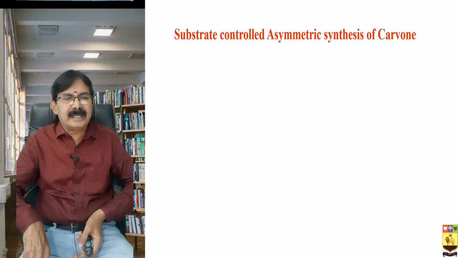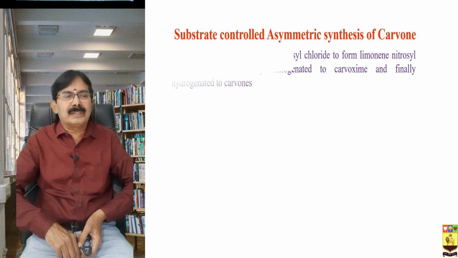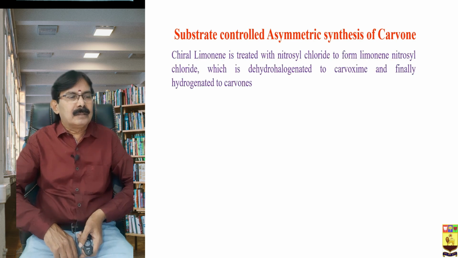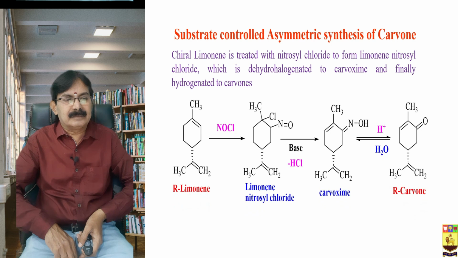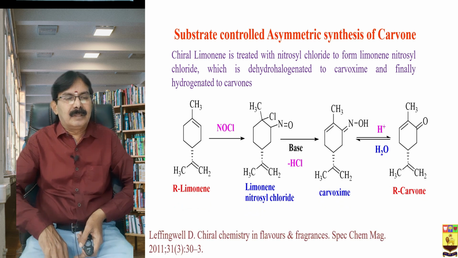Chiral limonene is treated with nitrosyl chloride first, to form limonene nitrosyl chloride, which is dehydrohalogenated to carvoxime and finally hydrolyzed to carvone. So this is a scheme where the carvone is prepared from R-limonene.